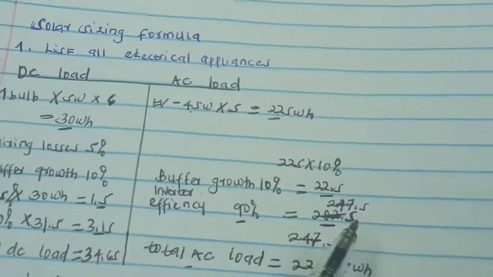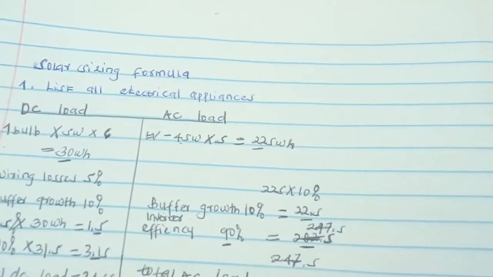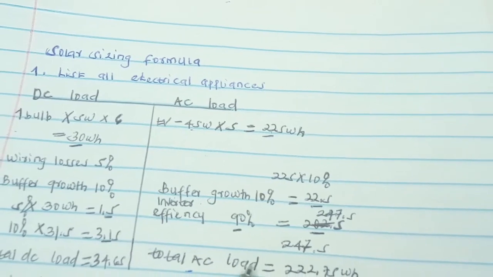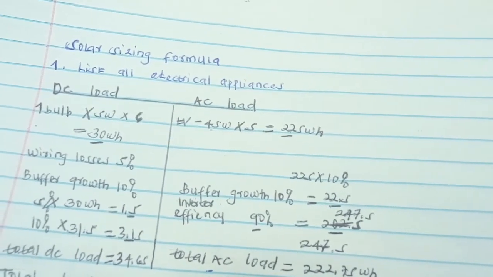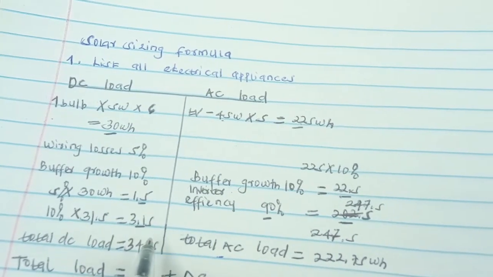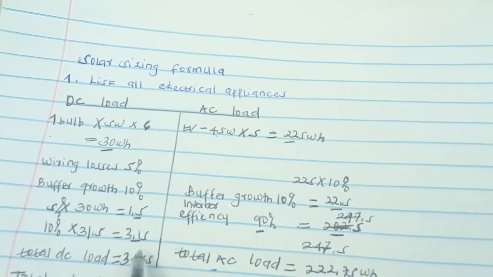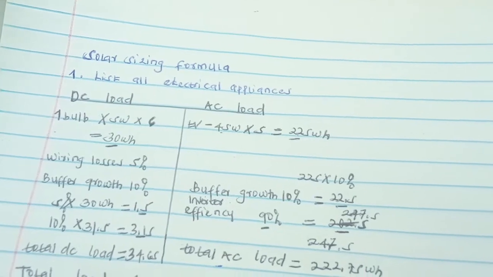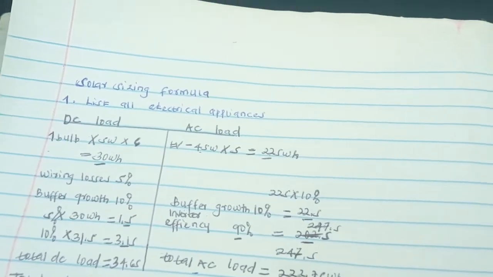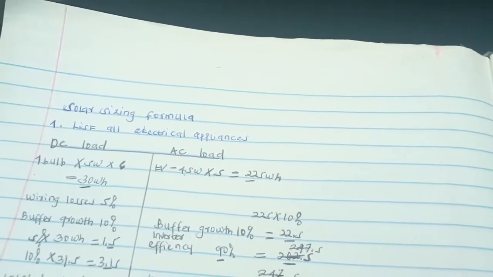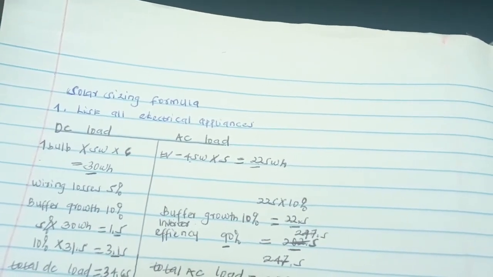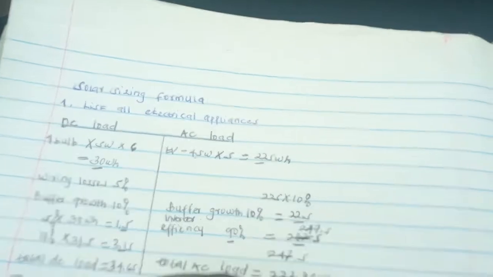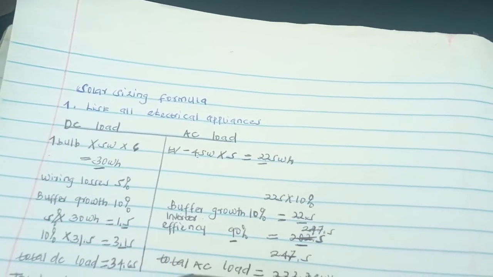So our total load is DC plus AC load, which shall give us 34.65 plus 275, which shall give us 309.65 watt hours.